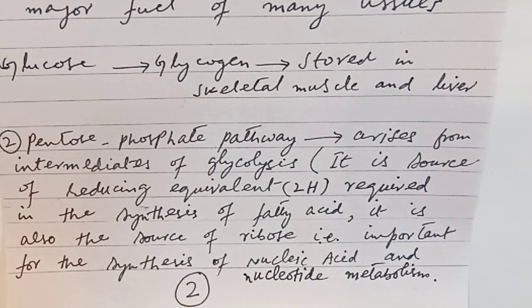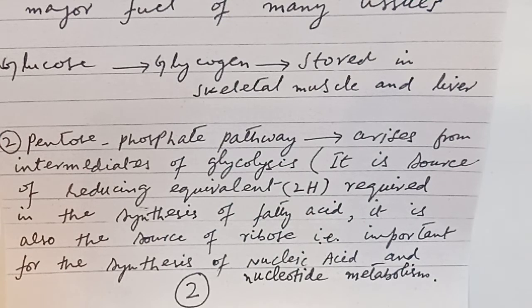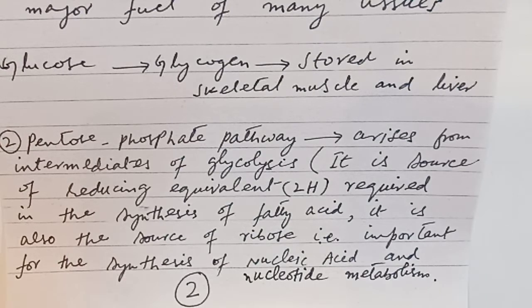It is stored in skeletal muscle and liver. In skeletal muscle glycogen is stored in very small quantity, while the major quantity of glucose is stored in the form of glycogen in the liver.